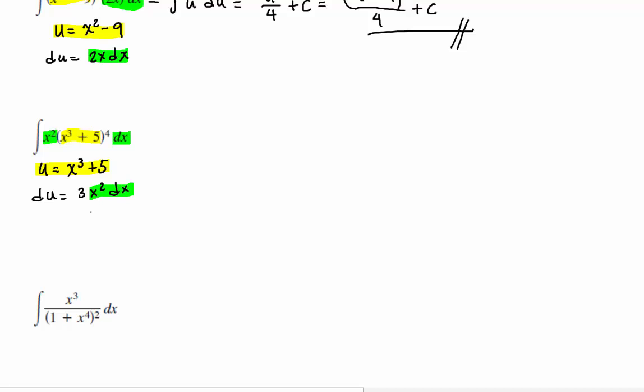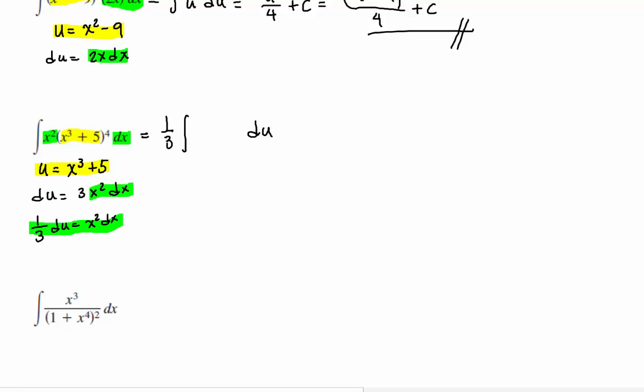Since I don't have any 3's in my original expression, and I only have x squared dx, I'm going to divide this 3, or multiply it times 1/3 if you want, and get rid of it, so that now I have exactly what I have in green on my left hand side, so I can substitute it directly into the integral. So what do I do? Well, x squared dx, which is what I have in green, becomes 1/3 of du.